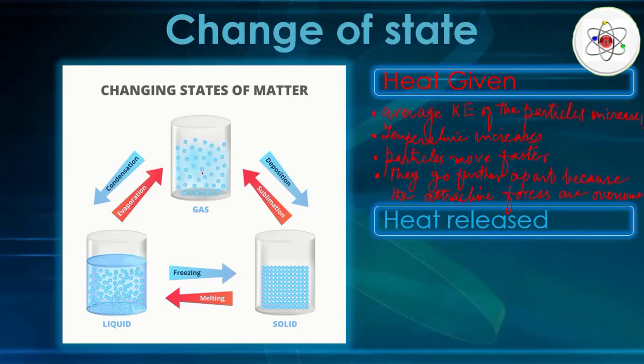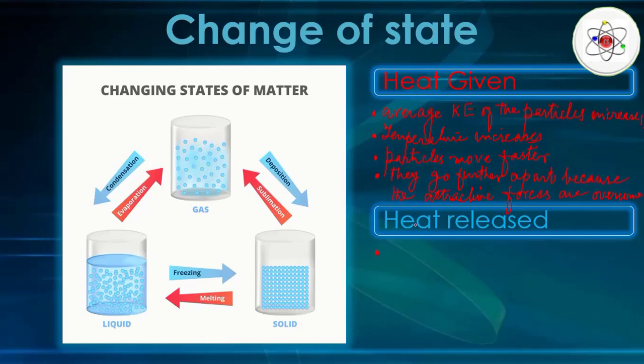Coming to heat released, when we have a substance in gaseous state, what happens when we decrease the temperature? Obviously the average kinetic energy of particles will decrease, and the temperature will also decrease.